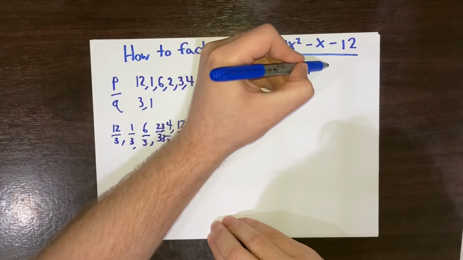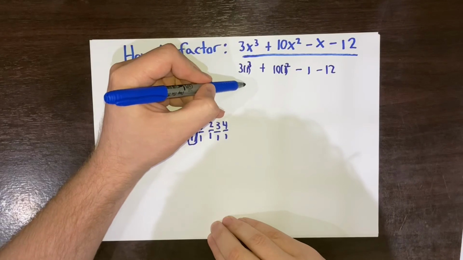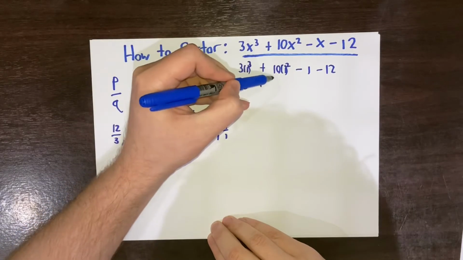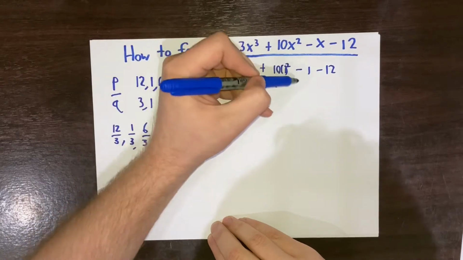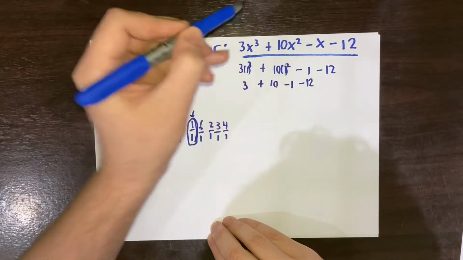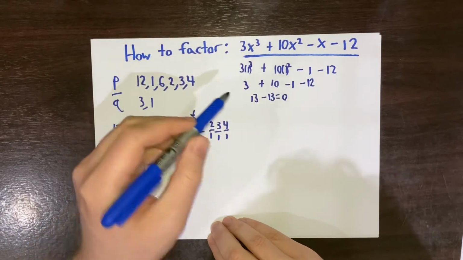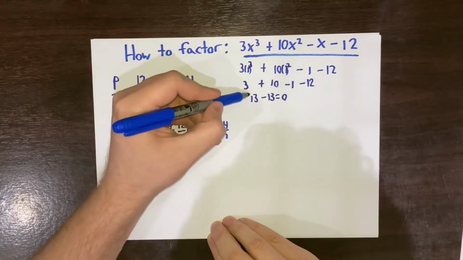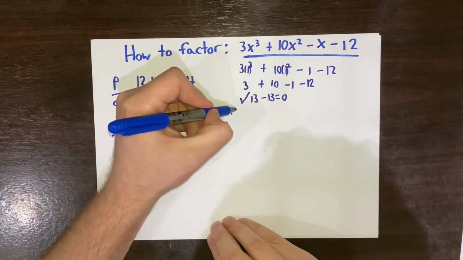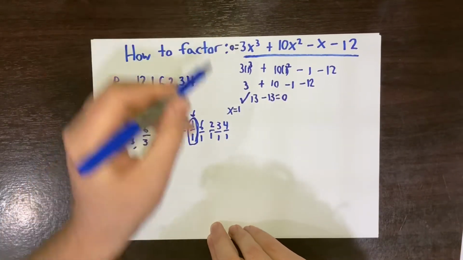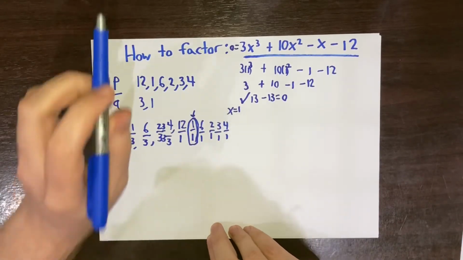Minus 1 minus 12. So we have 3 plus 10 minus 1 minus 12. And we can see that 13 minus 13 equals 0. So 1 is a root. So x equals 1 is one of our solutions. If this equation were set to 0, right, x equals 1 would be a solution.